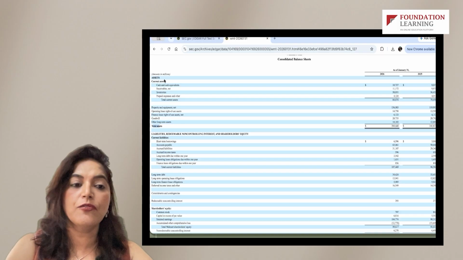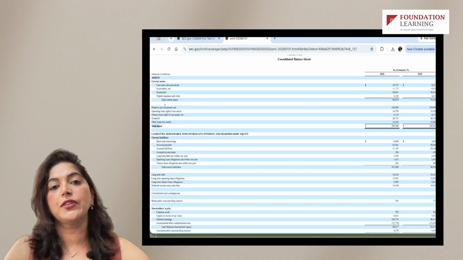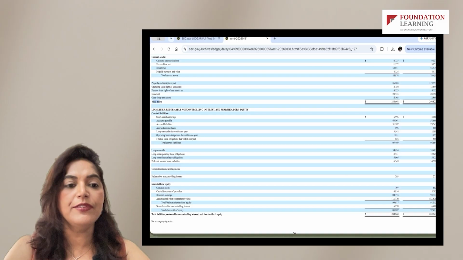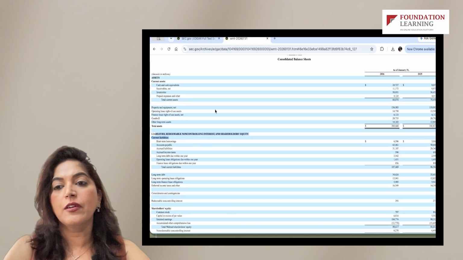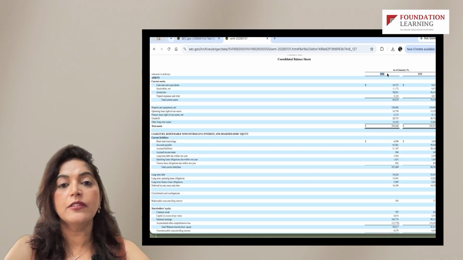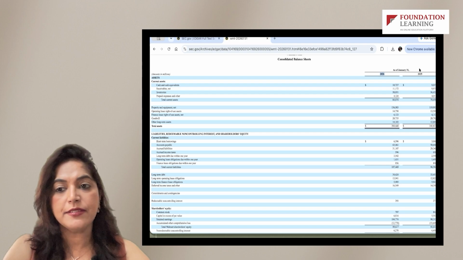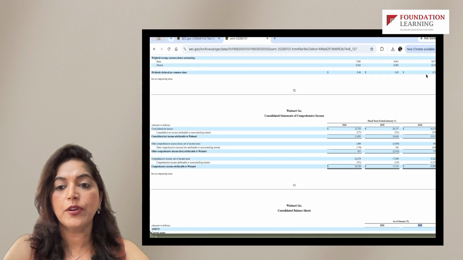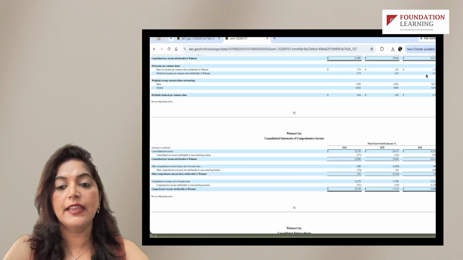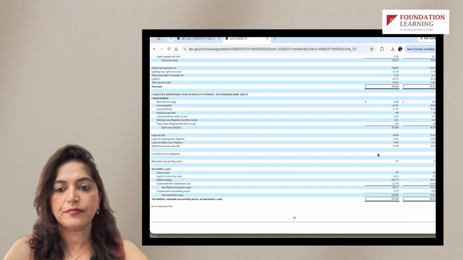Right? So from the most liquid, we moved on to the least liquid, and then we have liabilities. One more thing to note over here is, as I had pointed out, for balance sheet, 1 year of main data and 1 trailing year's data is presented. If you look into these two financials, there are 3 years of data.